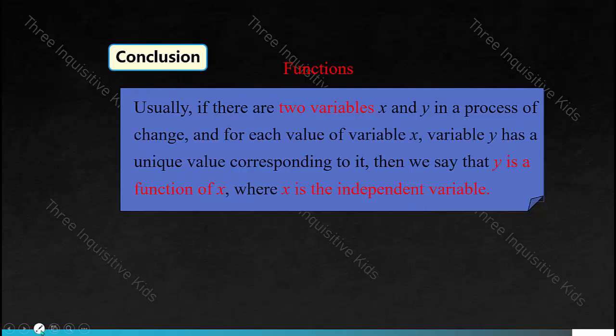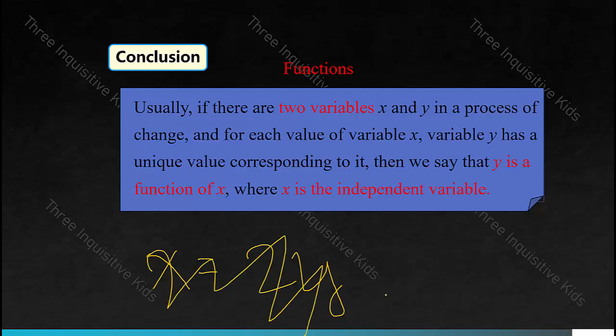For example, here is what I mean. 2x is equal to y. Here, x is the independent variable because it changes by itself.